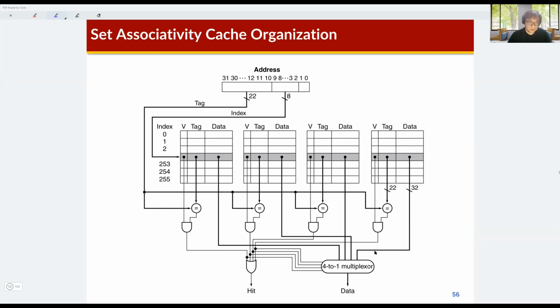This figure shows an example of the organization of a set associative cache. How many sets are there? In this cache, there are 256 sets. And how many blocks in a single set?